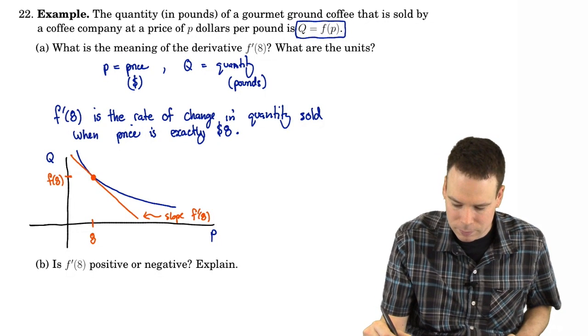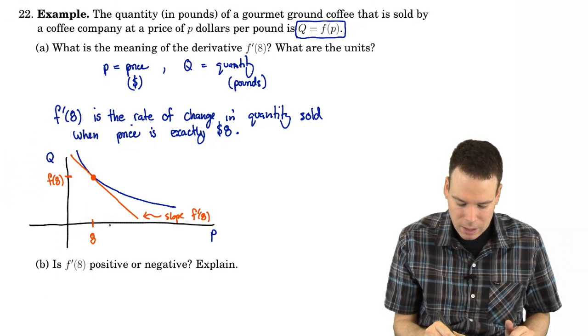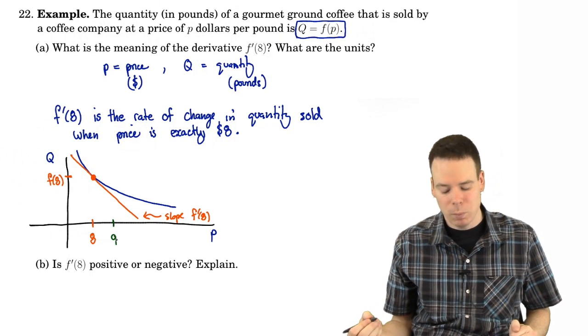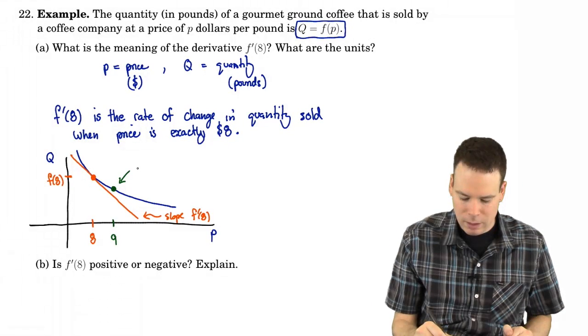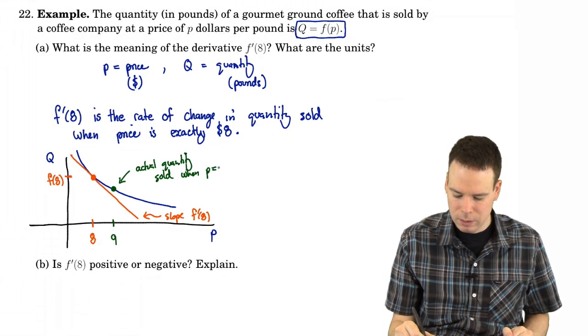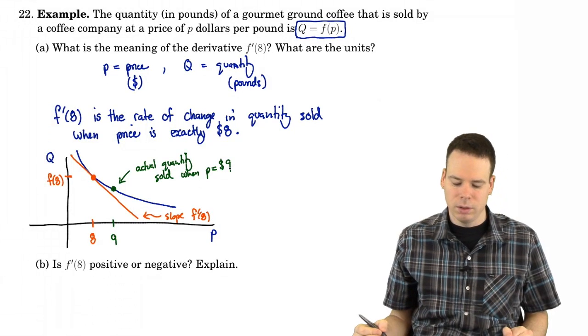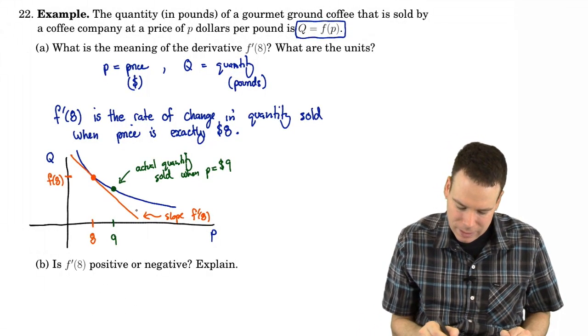So, for example, to get a big picture idea of what's going on here, suppose I increase my price by $1, from $8 to $9. This is the actual quantity sold when the price is $9. So when P equals $9. What is the tangent line telling me?